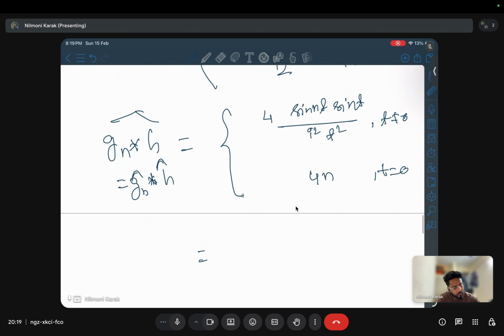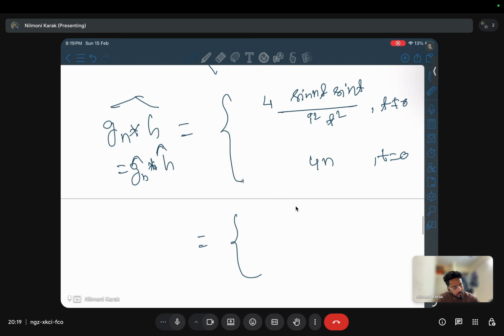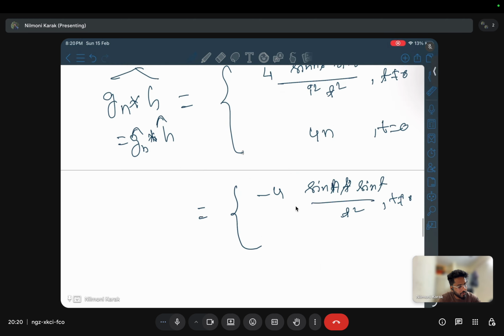So this is some constant times sin nt sin t by t square for t not equals to 0, and for t equals to 0 the corresponding value.